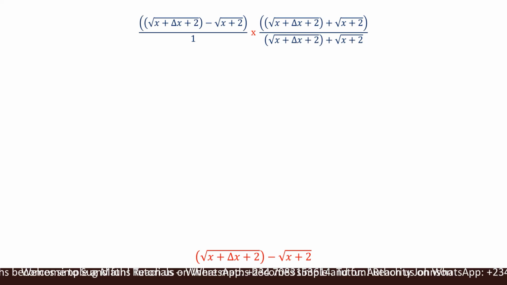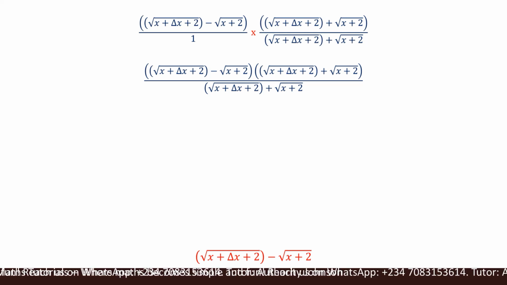Now let's bring the numerator together and see what we can do. Bringing the numerator together, we're going to have square root of x plus change in x plus 2 minus square root of x plus 2. This is the first. Then multiply by square root of x plus change in x plus 2 plus square root of x plus 2. When we multiply this term together with the conjugate, we have the first root multiplied by the second root.